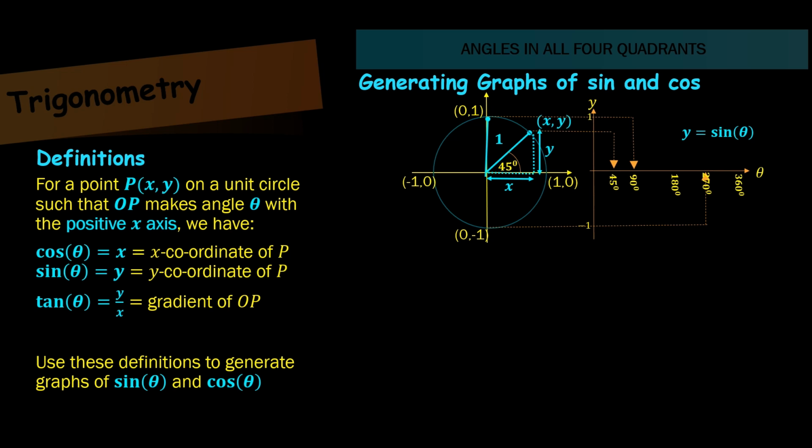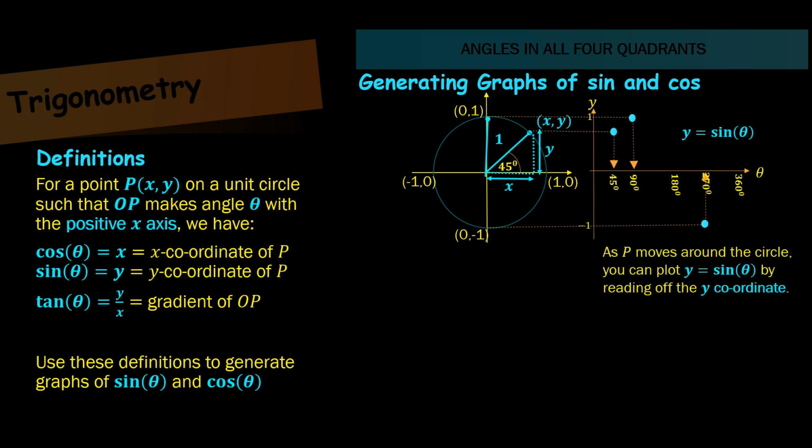We've plotted the points, as you can see. As P moves around the circle, you can plot y equals sine theta by reading off the y-coordinate, as shown.